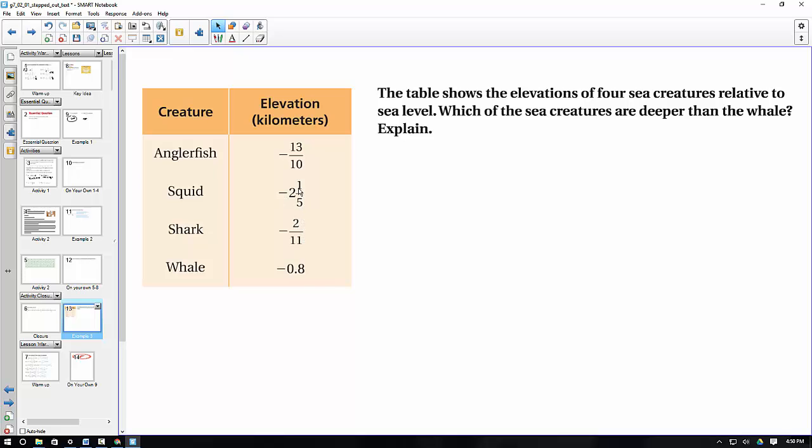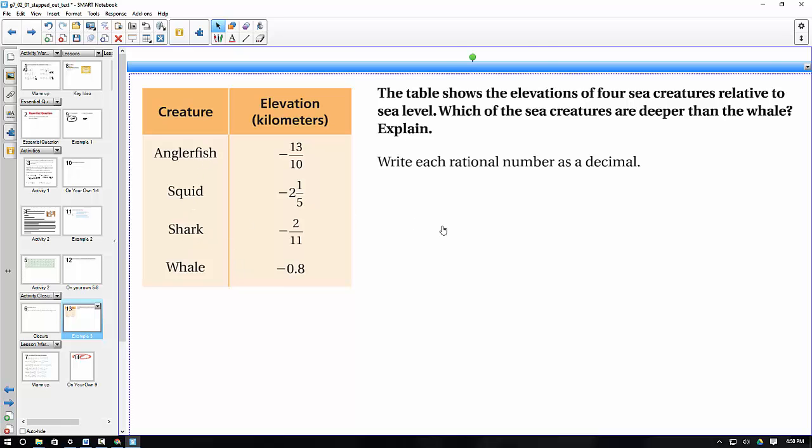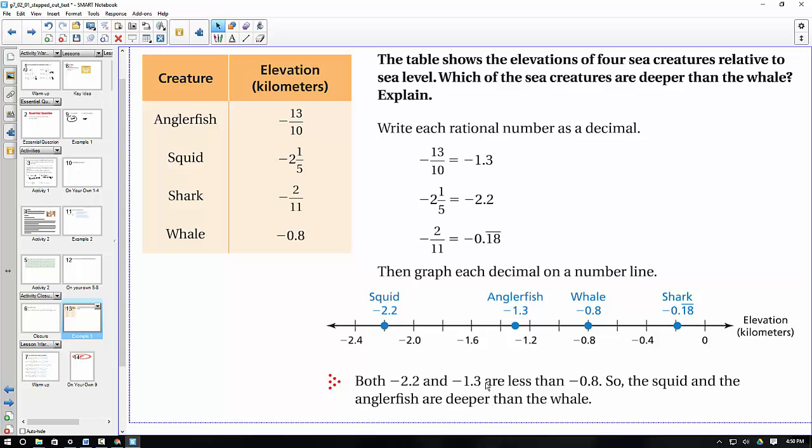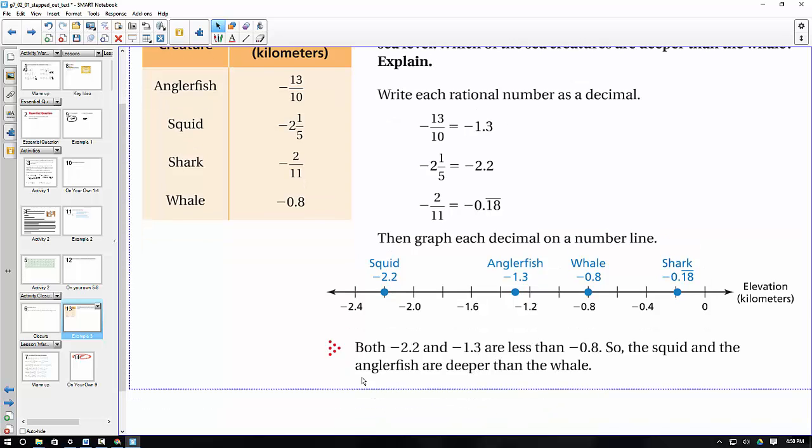This one here is, because it's like 2, which is greater than 1, right? And this is going to be 10 goes into 13 one full time as well. So my guess is squid and anglerfish will be deeper, but the shark will not be. Both the -2.2 and the -1.3 are less. So the squid and anglerfish are deeper than the whale. Again, the shark is not.